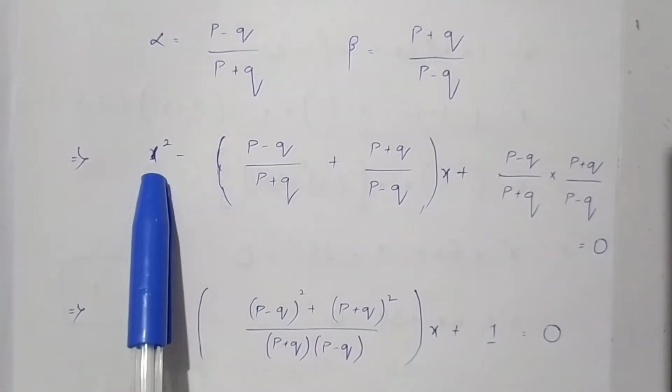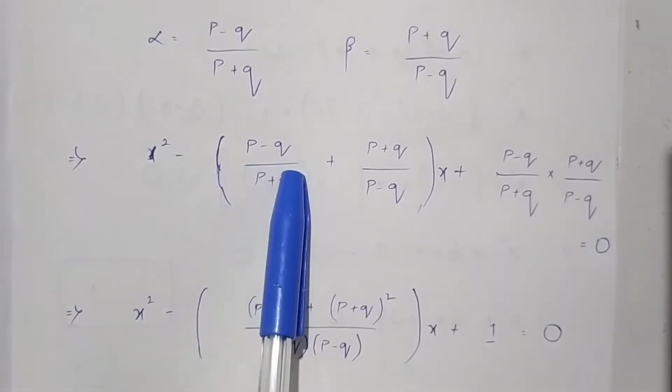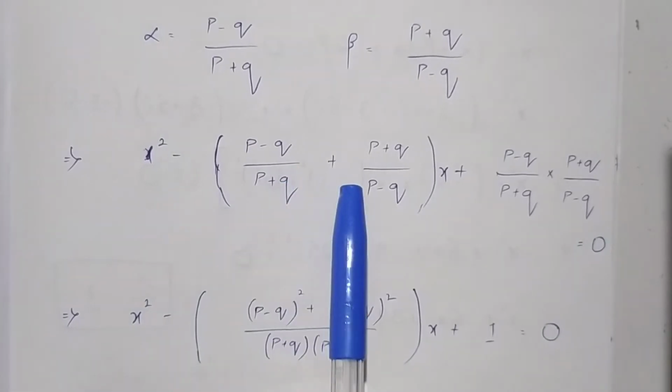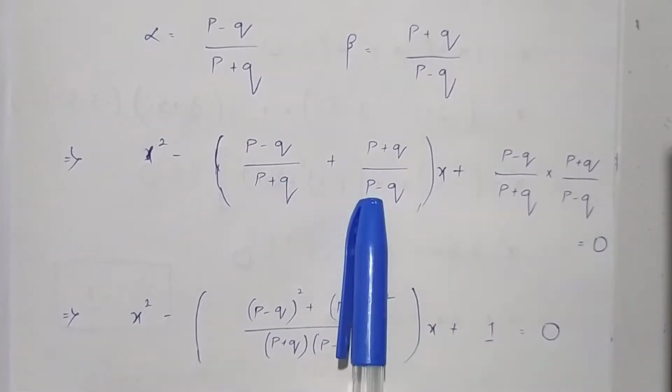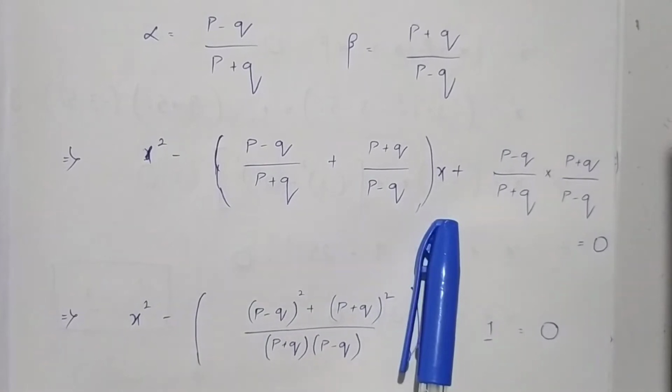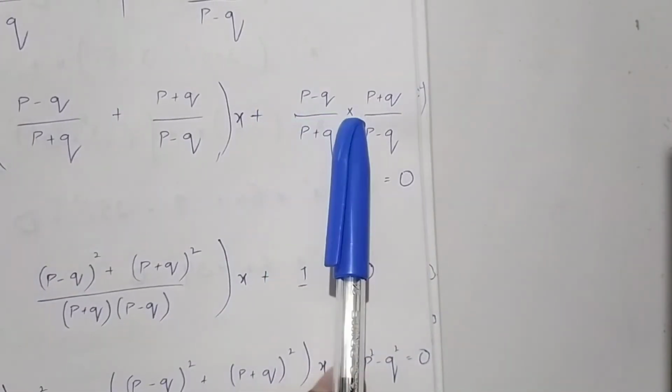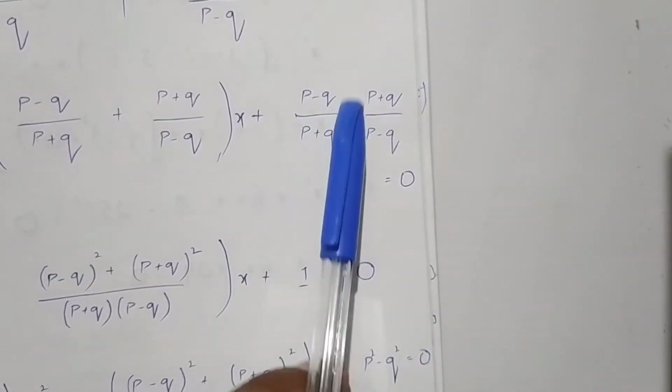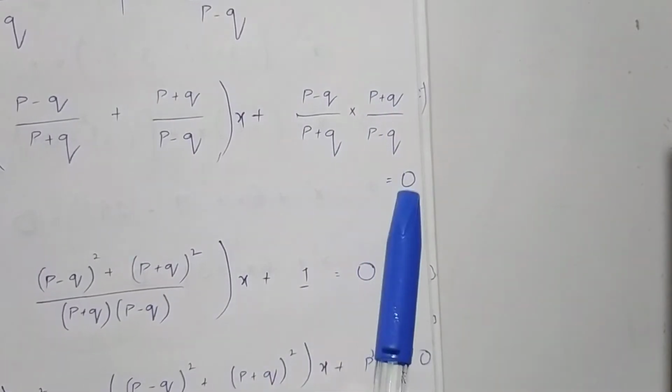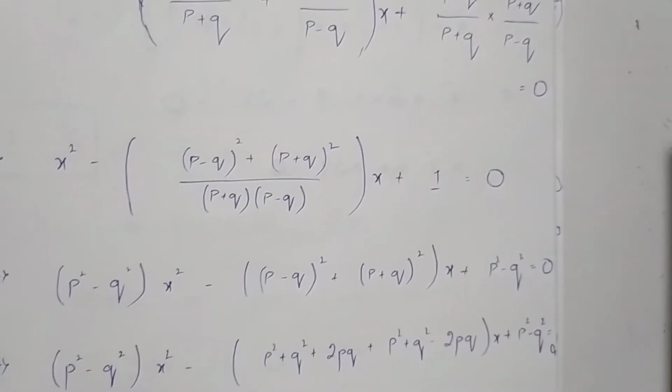We will get x square minus [(p minus q) divided by (p plus q) plus (p plus q) divided by (p minus q)] into x plus (p minus q) divided by (p plus q) into (p plus q) divided by (p minus q) is equal to 0.